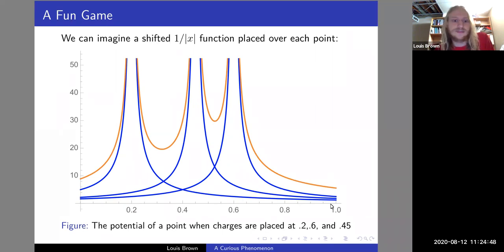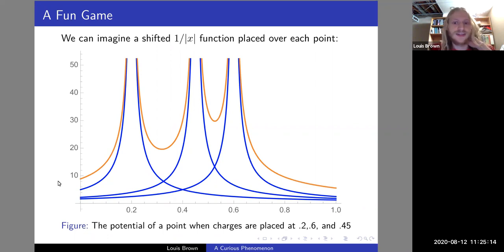So if we have a point charge placed at 0.2, 0.6, and 0.45, then each of them carries a potential like this. And then if we add those up, we get this orange curve, which is the effective potential of whatever new point I'm going to place. So we want to minimize the orange curve.